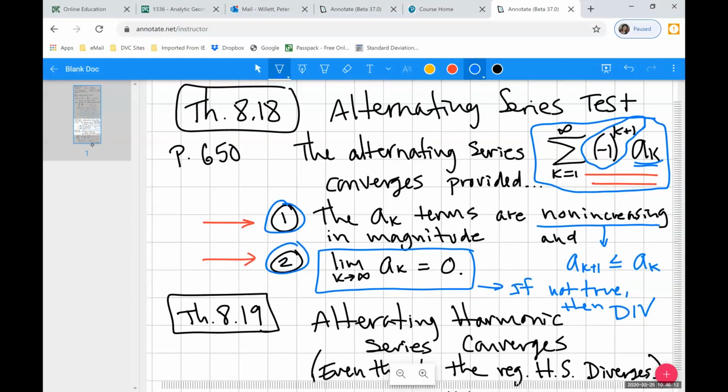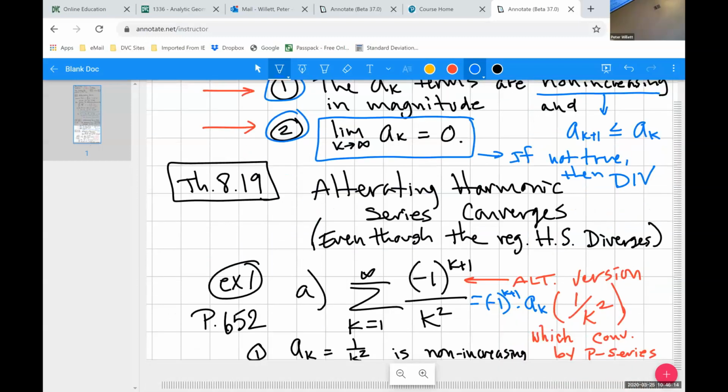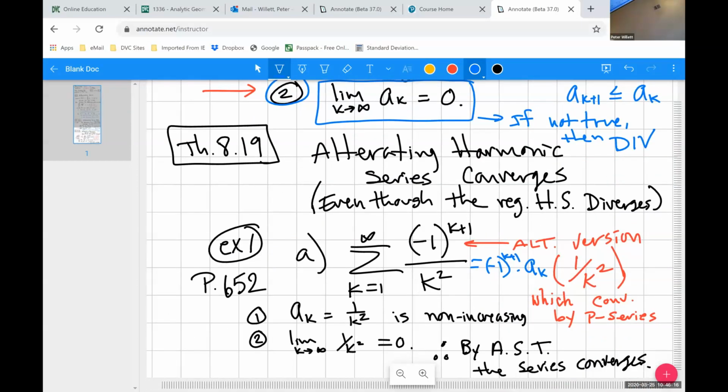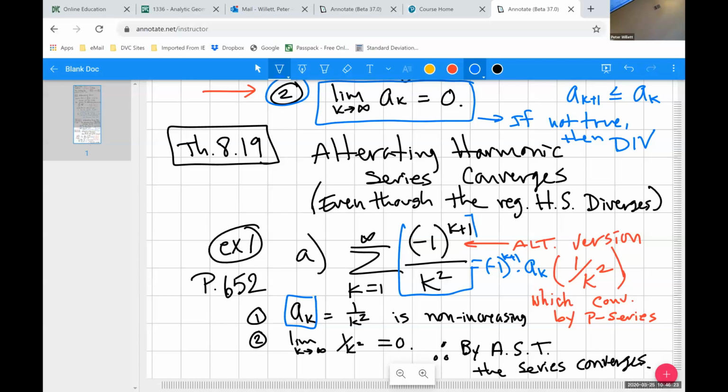Yeah, that makes sense. And so when I got down to this specific example, I'm pointing out what a sub k is because it's not the same as the whole thing, because it doesn't include the -1 with a power on it when I'm trying to apply the test.